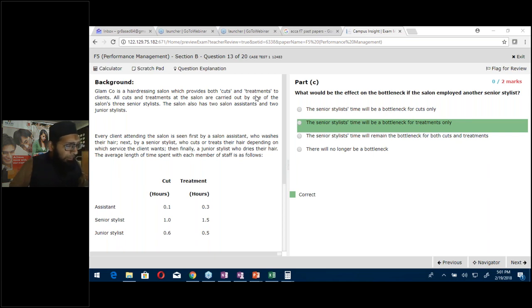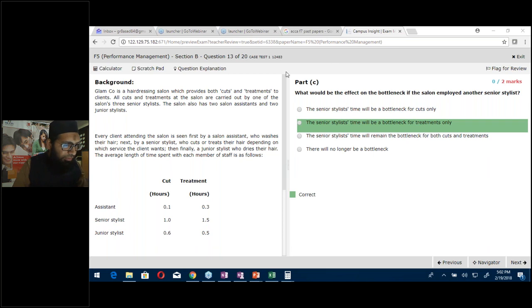Yes, we can, but for this, the other base will have to be the same. But this is not the case over here because there were 3 senior stylists and the junior and assistant were 2. So if all of them have the same resources, then it will be a task of looking at the time.